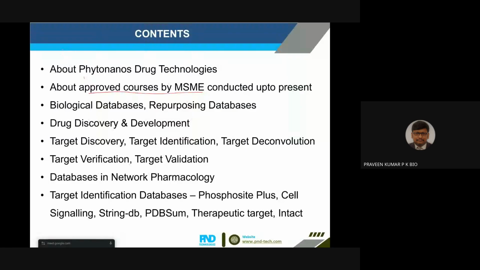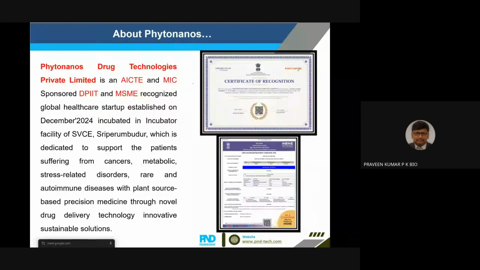Nearly 28 different institutes are participating in this internship and certificate course, reputed institutes like IIT, VIT, SRM. In and around India, more than 13 to 14 states are participating in this course.